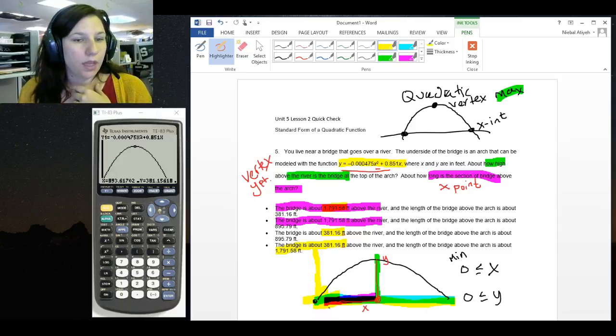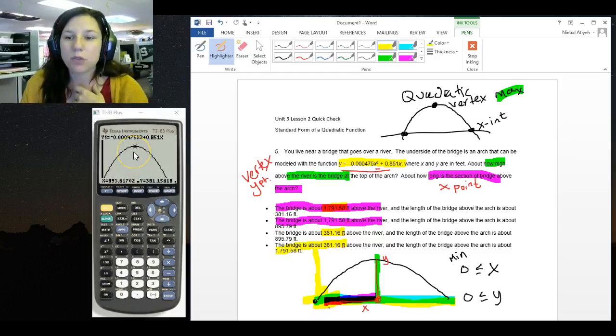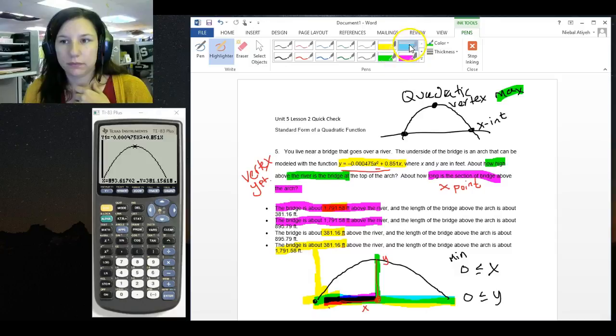Okay. Now, if you look at your multiple choice, the length at the vertex is 895. Okay. And then where does this 1,700 come from?